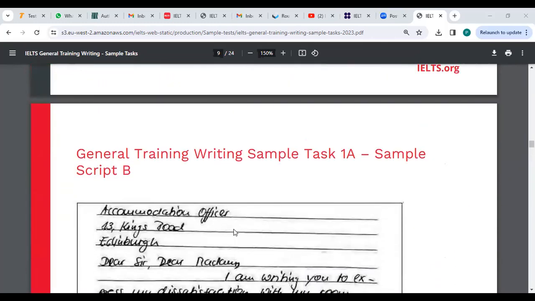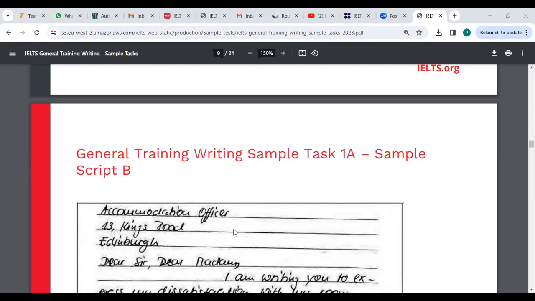Now, I am happy that when we were going through, you pointed out the main things the examiner will be looking out for: spelling, punctuation, linking verbs, structure, context, content, arrangement, and so on.